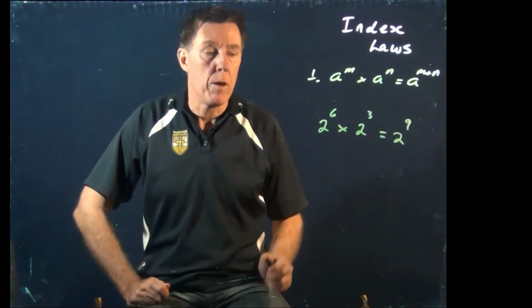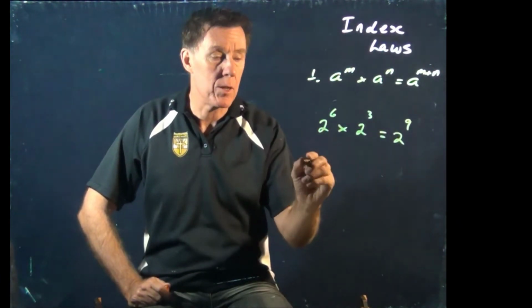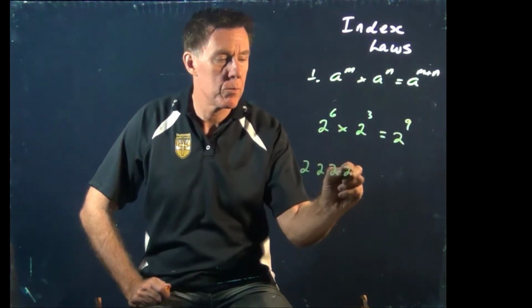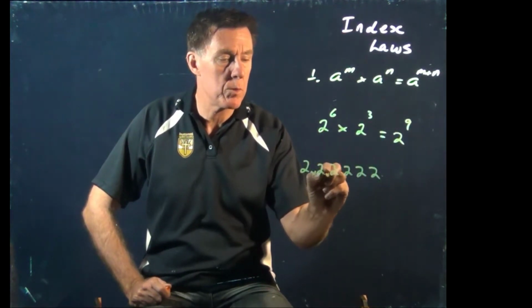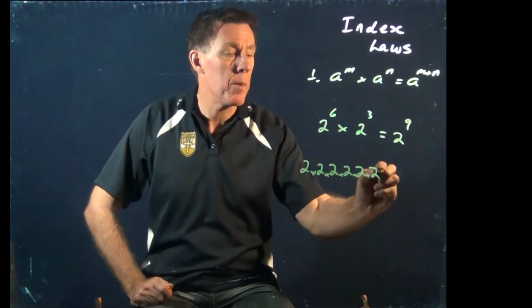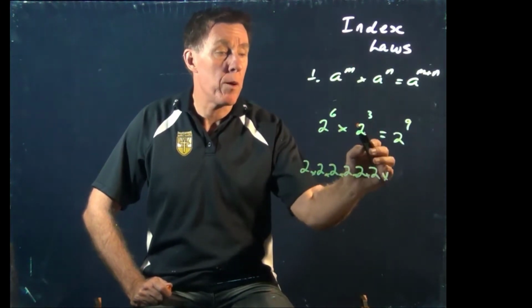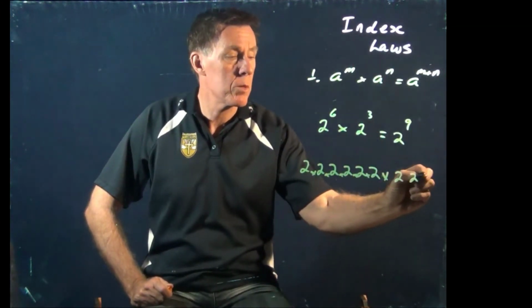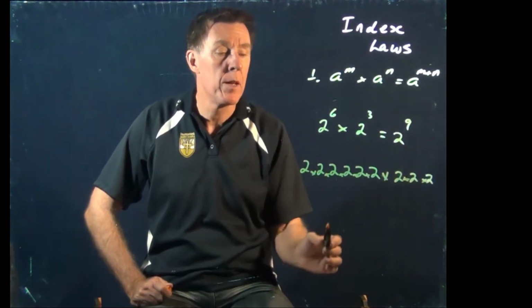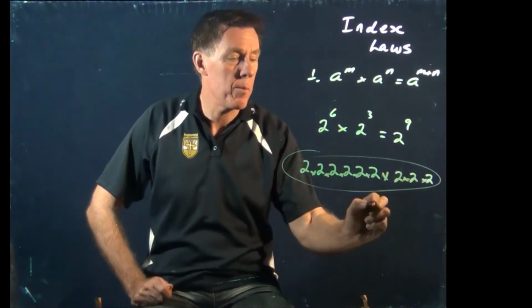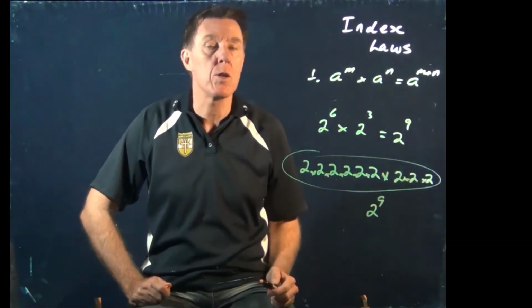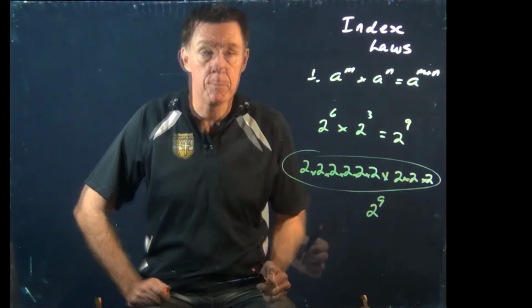If you're not sure why that works, 2 to the power 6 is 2 written down 6 times with multipliers in between. I'm then timesing that by 2 to the power 3, so it's 2 written down 3 times with multipliers in between. So clearly, if I add them all up, the 2 is occurring 9 times. I just add them together.